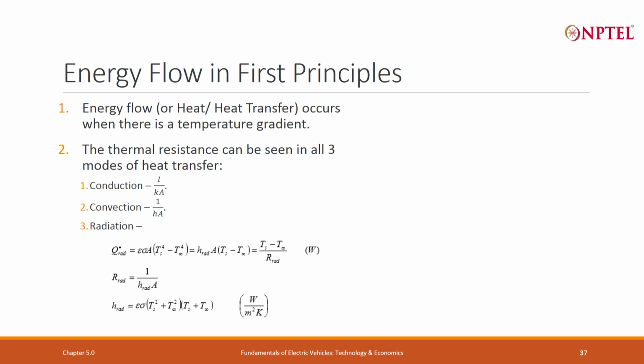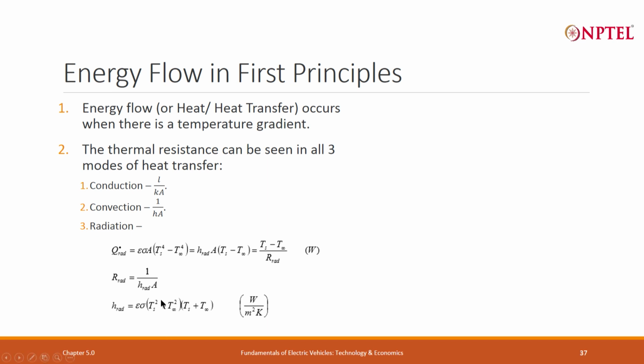Okay. And then radiation is slightly different. However, we will try to put it back in that form, because radiation heat transfer is proportional to temperature to the power 4.